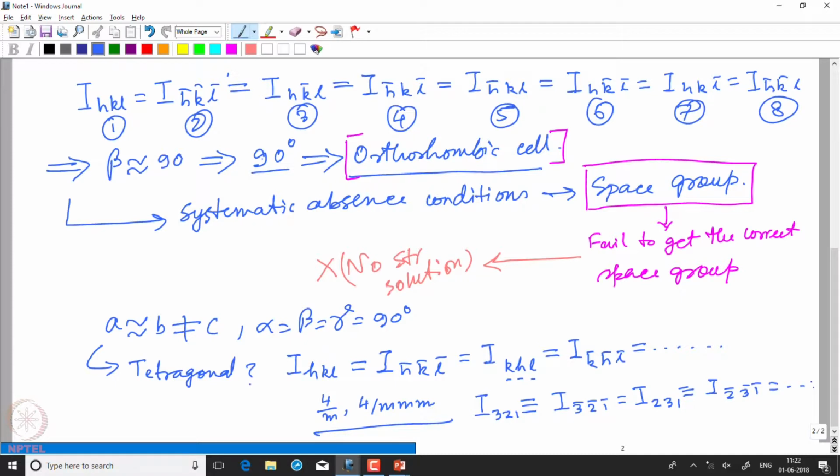So this is what is meant by K H L or K bar H L bar, K bar H bar L bar, because the indices get changed but the numbers remain the same. This way one can actually identify the correct Bravais lattice at the end of data reduction.